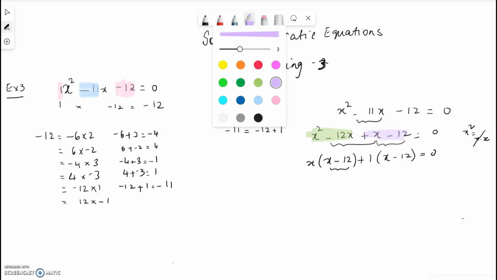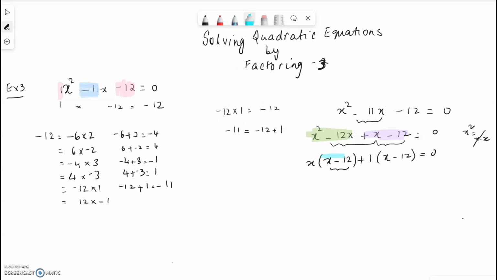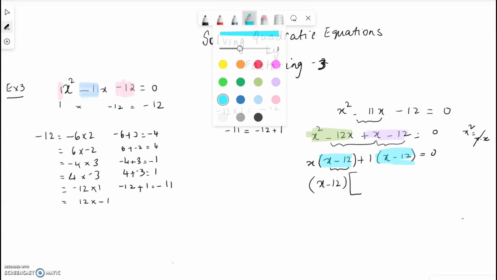So now we look at this expression, and the common factor between these two terms, so we're looking at common factors again, is x minus 12. So that's what we factor out.